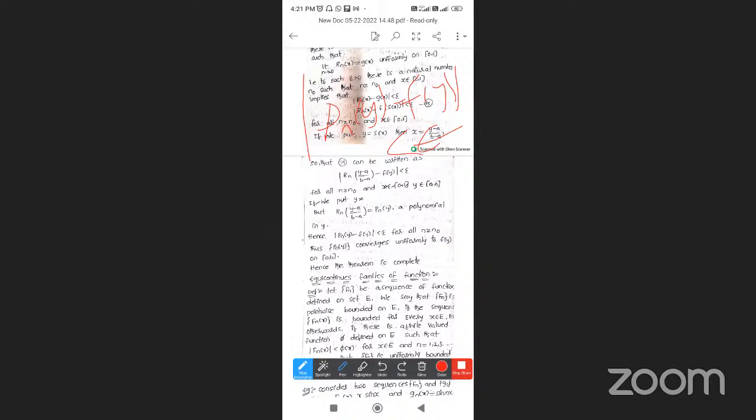So there are two cases, the first case and the second case. In the second case also, suppose f is continuous; the first case is also done without loss of generality.